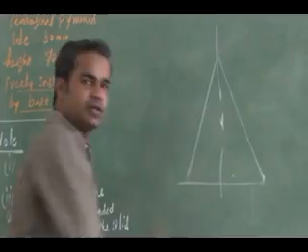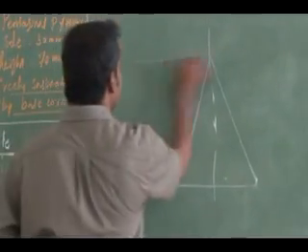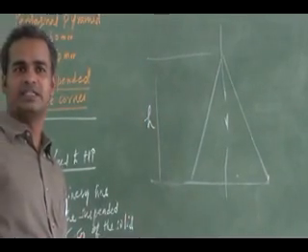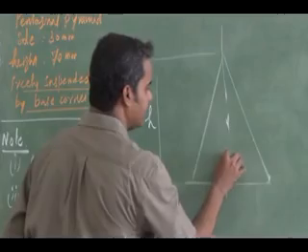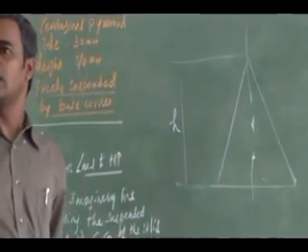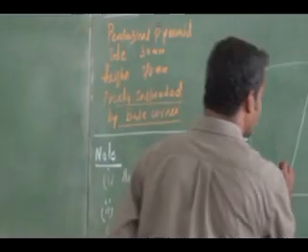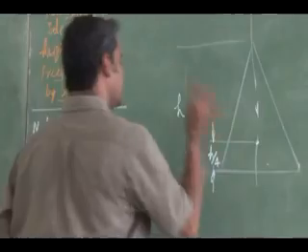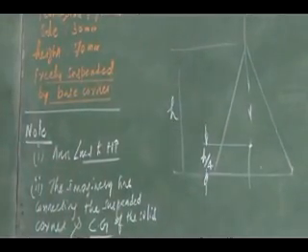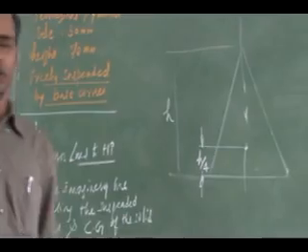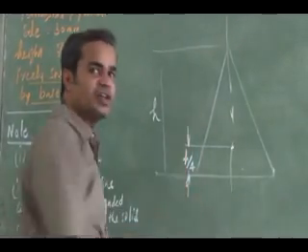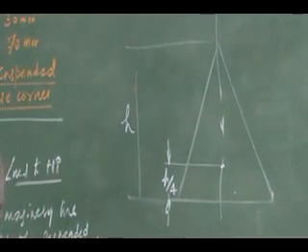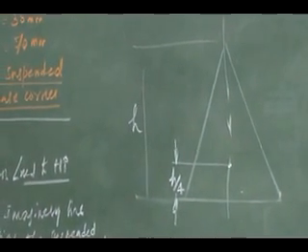But exactly for pyramids and cones, suppose I have the height H of the pyramid or cone. The CG will be exactly on the axis, and from the base it will be at a distance of H by 4. That is, the CG for a pyramid or cone will be 1 by 4 of the height from the base.